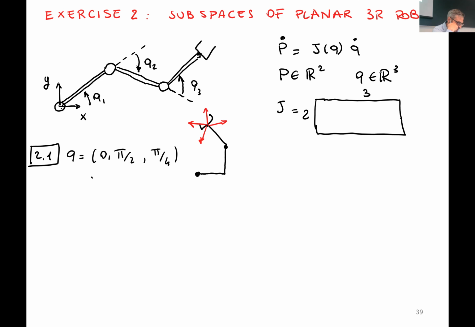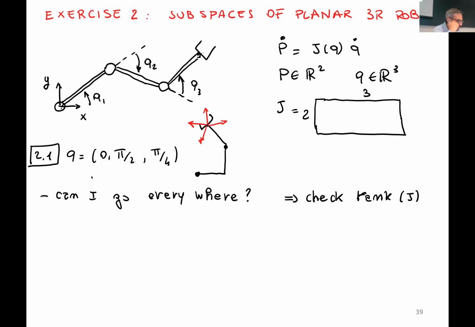And the range space replies to the question, can I go everywhere or not? Can I move everywhere? And to know if this is possible or not, we need to check the rank of J and see if it's full.